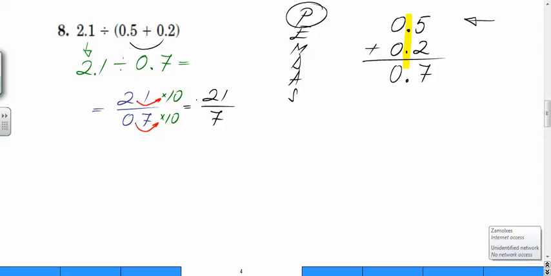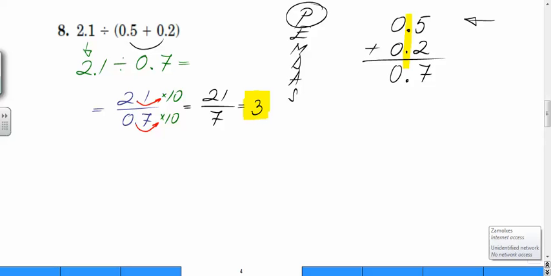It is the same fraction, but it's a much friendlier one because 21 divided by 7, every one of us knows, will be 3. You are done. Your whole expression is simplified now to 3.